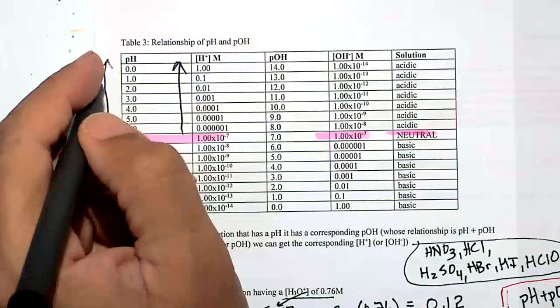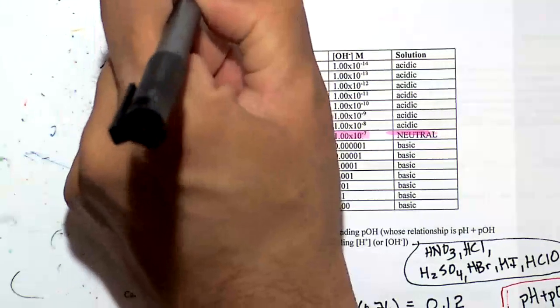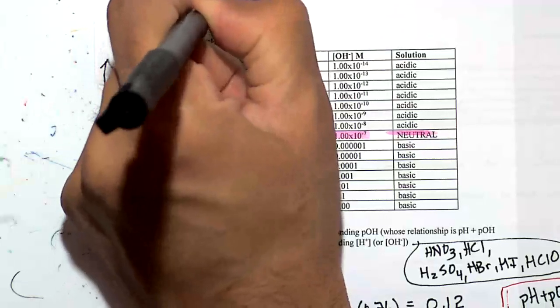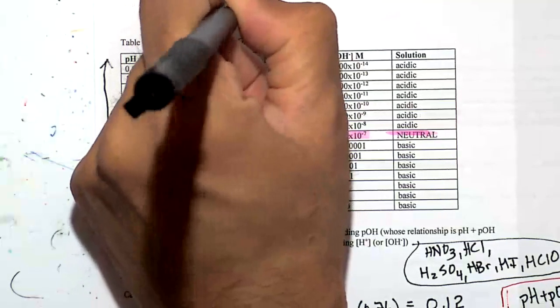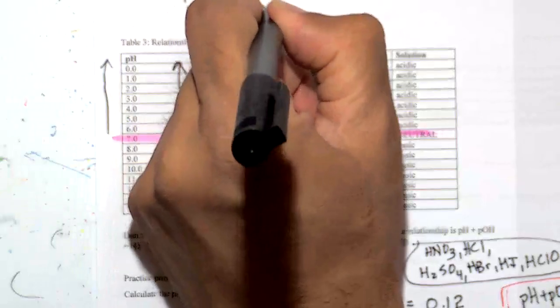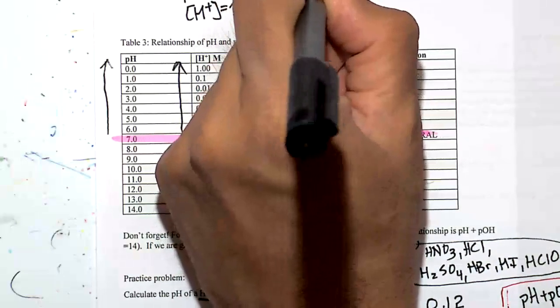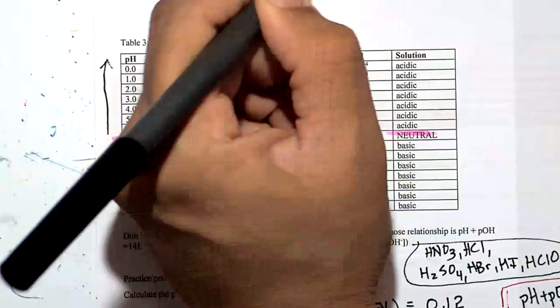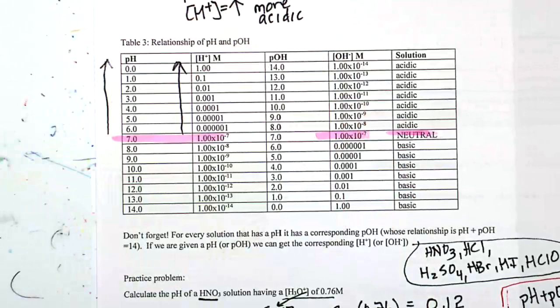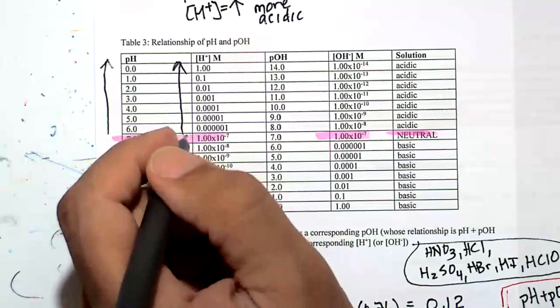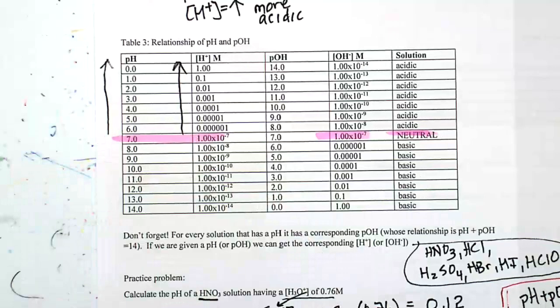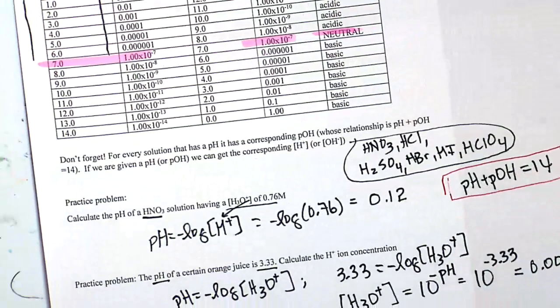Bigger, bigger, bigger. As your pH goes down, the H plus is going up, more acidic. And the reason why is just the math: minus the log of the power. This p stands for power.